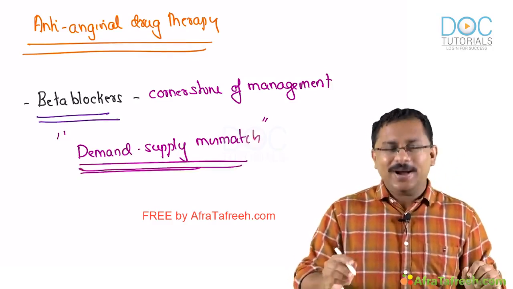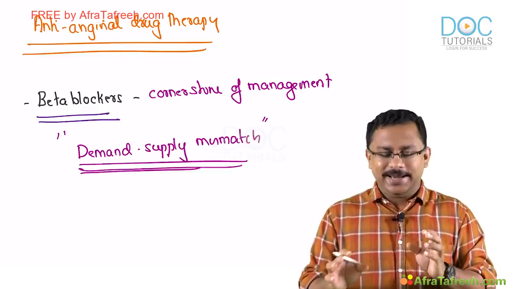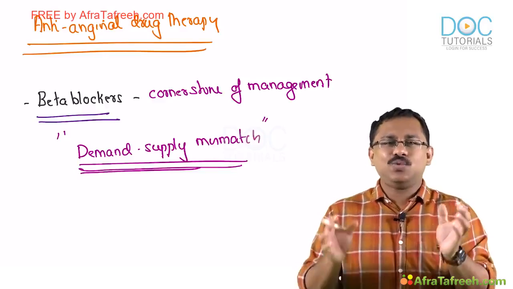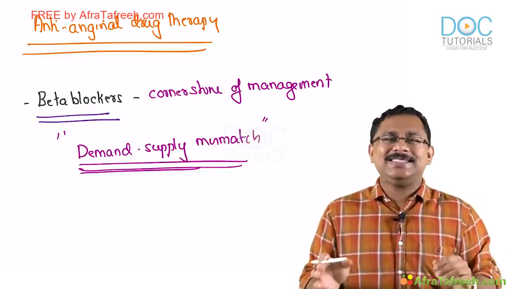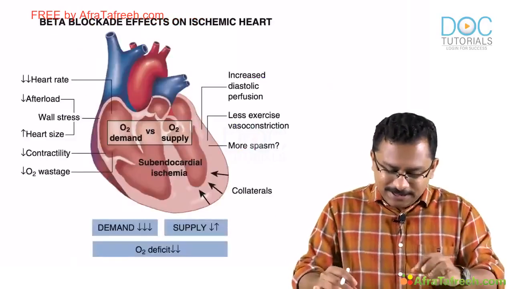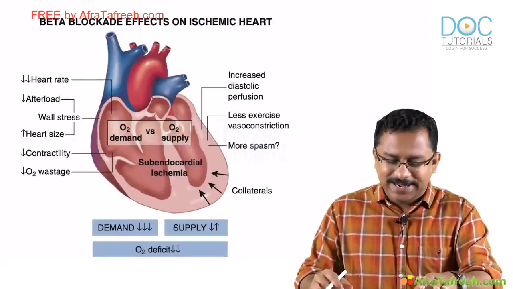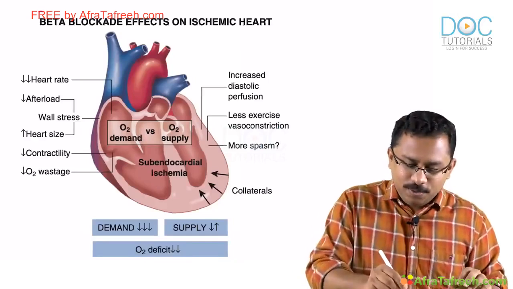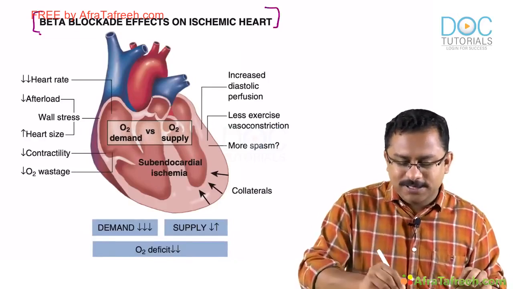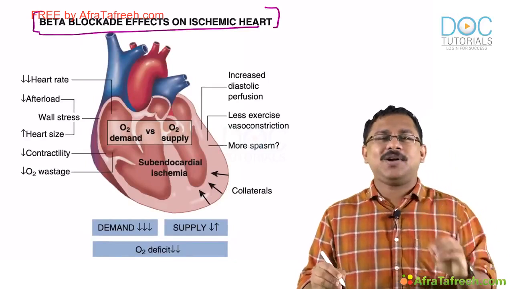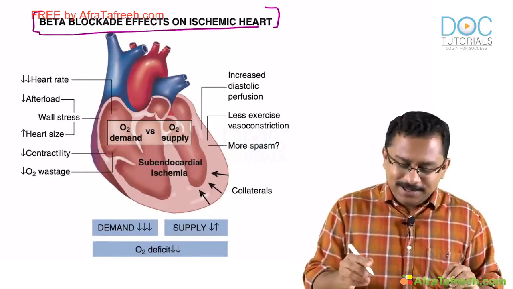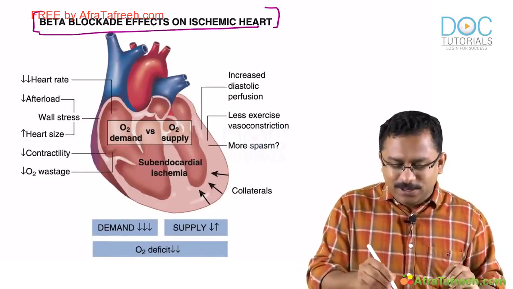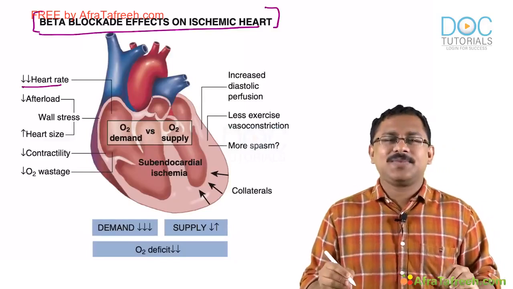So when you have a demand supply mismatch, beta blockers would somehow try to decrease this mismatch. So how does it achieve this? I'll just show you a simple diagram taken from the Braunwald textbook of cardiology, the effect of beta blockers on an ischemic heart. See, it will actually decrease the heart rate.